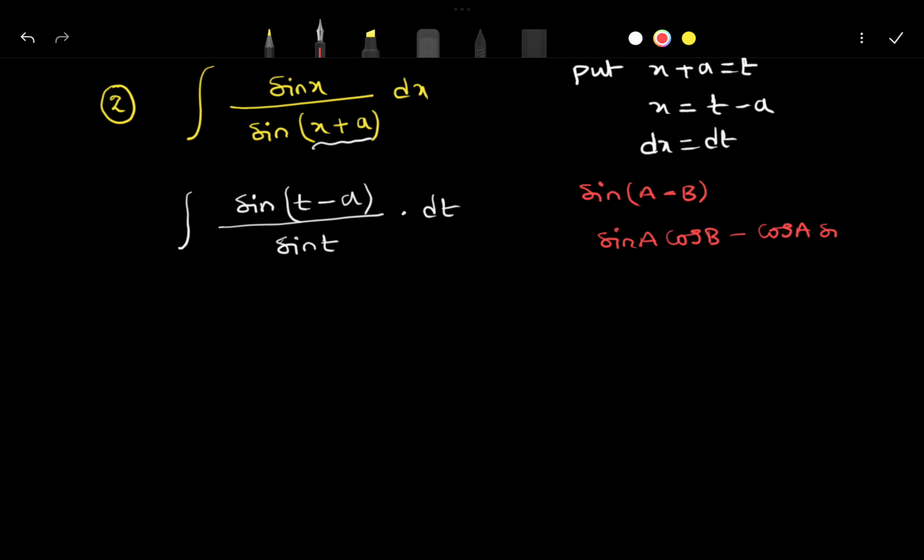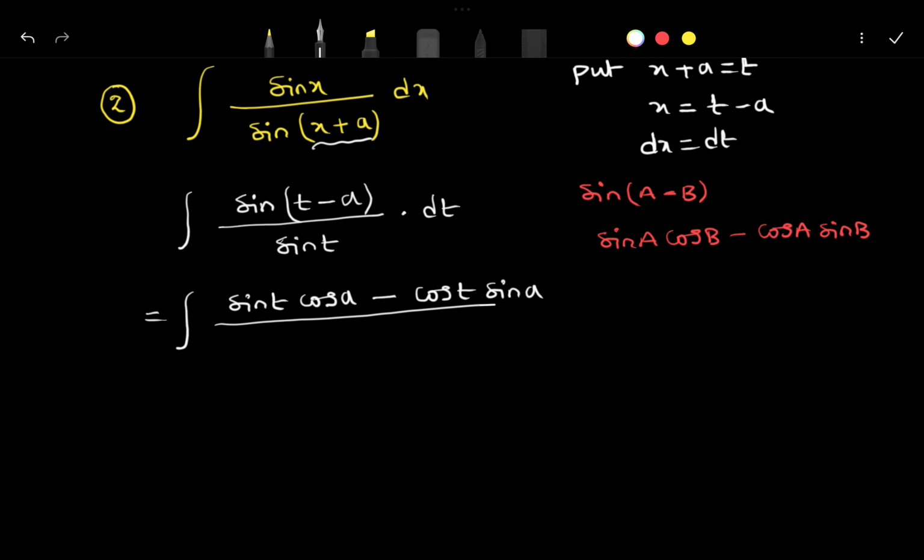So now by using this formula, you can write the numerator as the integration of sin t cos a minus cos t sin a, divided by sin t, dt.